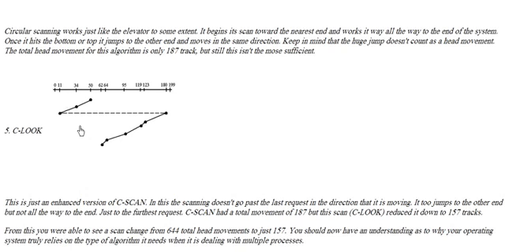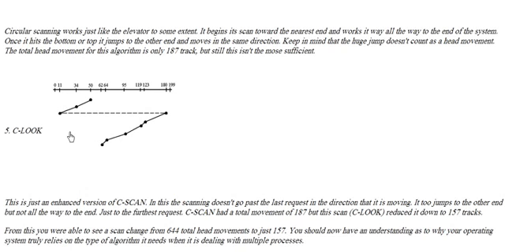In the C-LOOK algorithm, we have an enhanced version of circular scan. In this scanning algorithm, the scanning does not go to the last end in the direction that it is moving. For example, in the previous example, we moved from 50 to the last point here, 0.